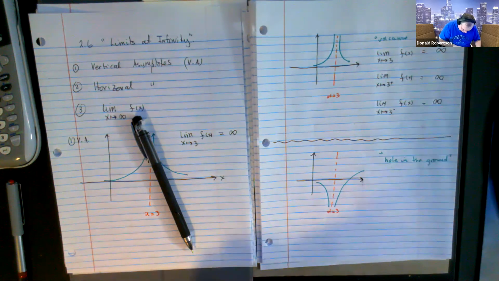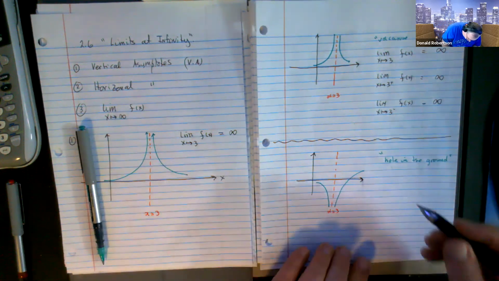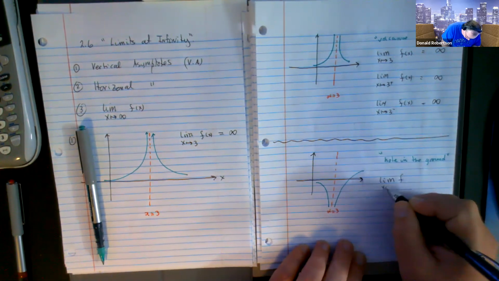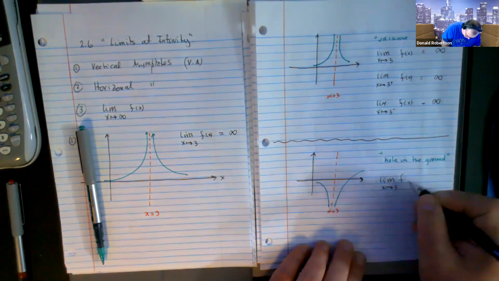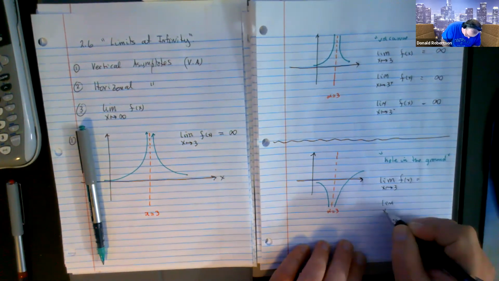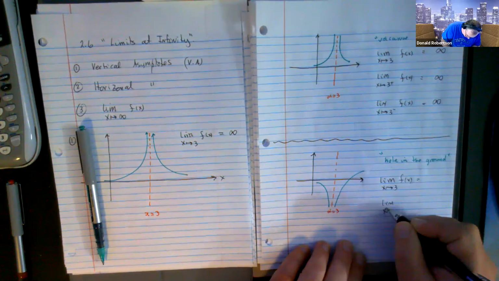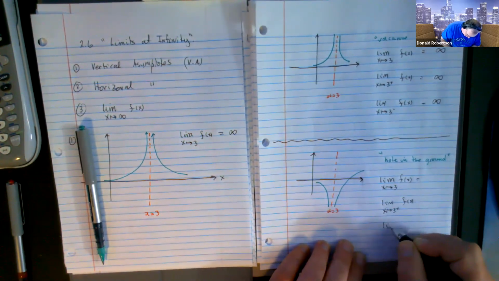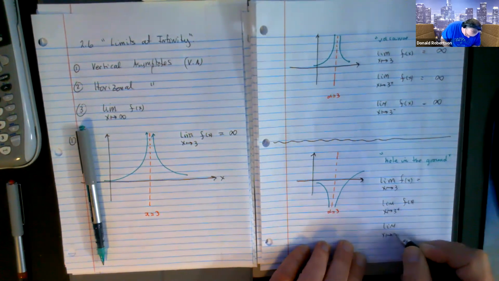So what do we get from this one? Well, we also get to answer an overall limit. We get to do a right limit. And we also get to, sometimes we're asked to find a left limit.